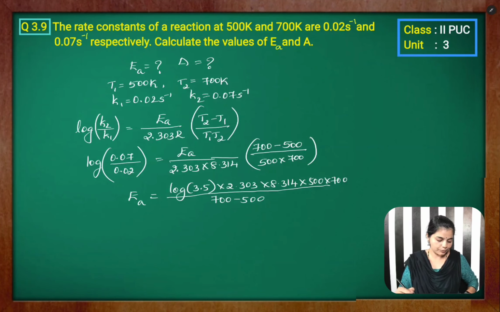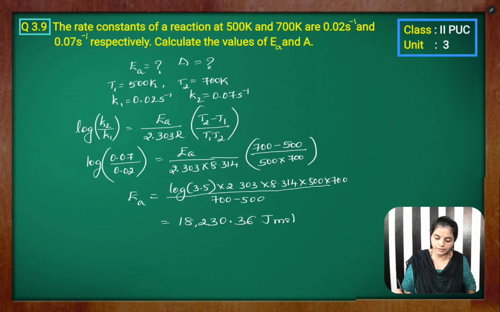Taking log of 3.5 using log table, then multiply 2.303 into 8.314 into 500 into 700, then divide by 700 minus 500, that's 200, and this is equal to 18,230.359 joules per mole.